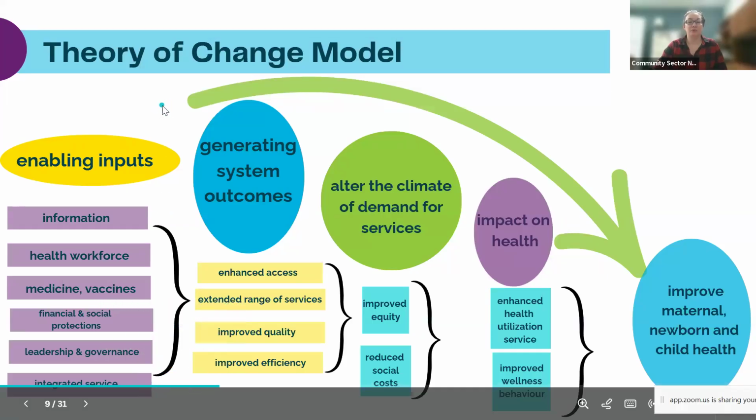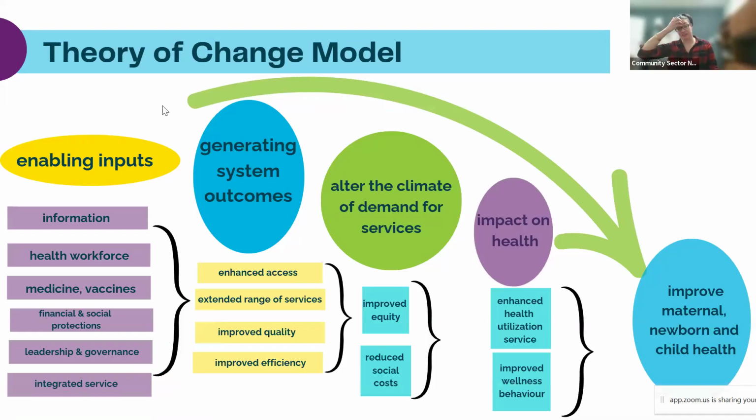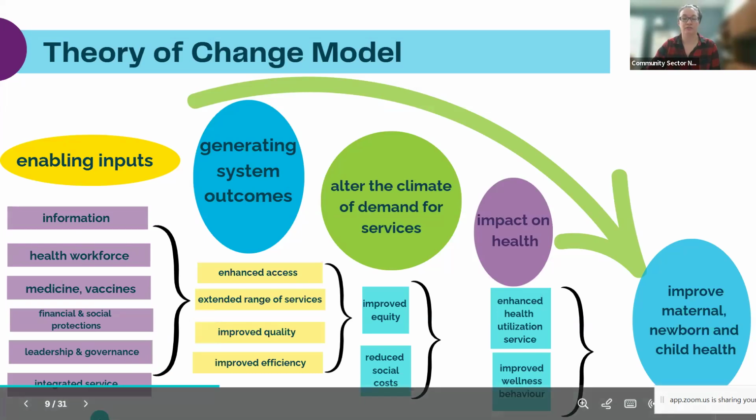So from these inputs, we'll then generate these system outcomes, which will then change the climate, which will then lead to the impact on health that we desire, which will then lead to our final overall long-term goal of improving maternal, newborn, and child health.